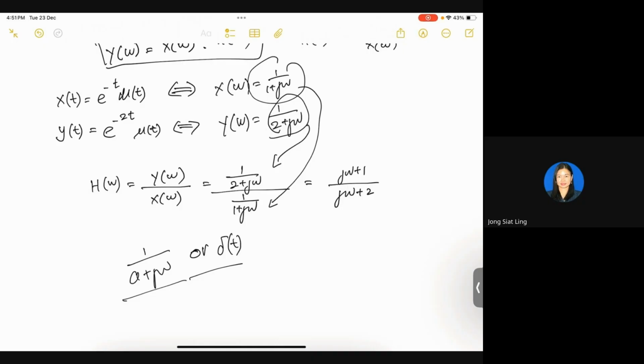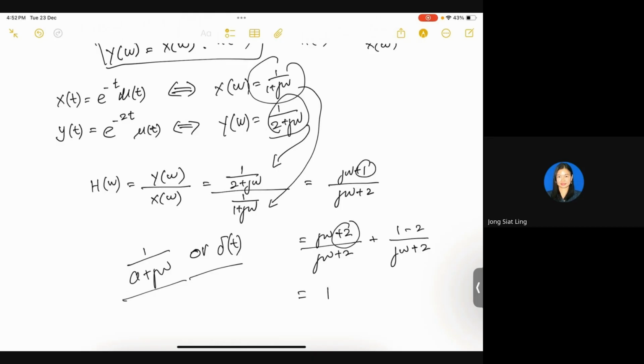We just change the format: (jω plus 1) divided by (jω plus 2) becomes (jω plus 2) divided by (jω plus 2) for the δ(t) part, because it's 1. The denominator still remains jω plus 2. Since this one is plus 2, we need to minus 2 to remain the same value. And then this one is 1, we copy down, minus 2.